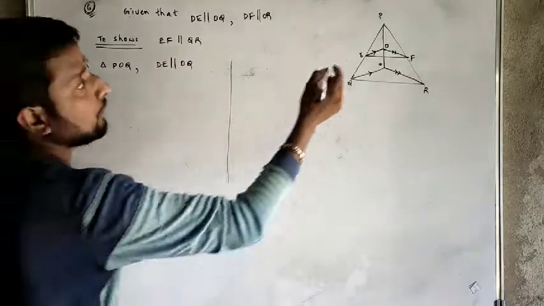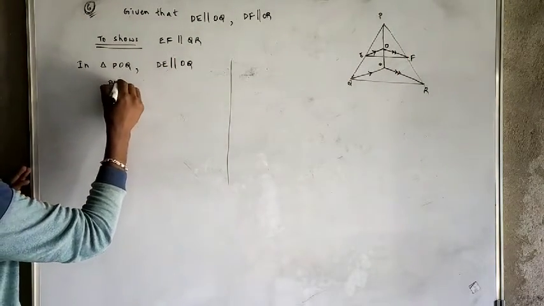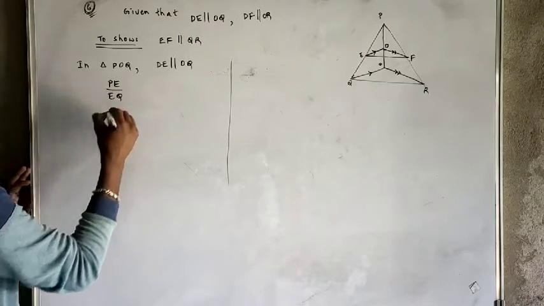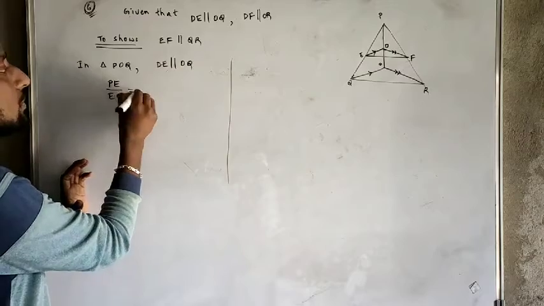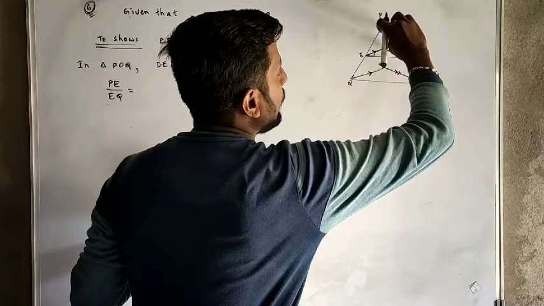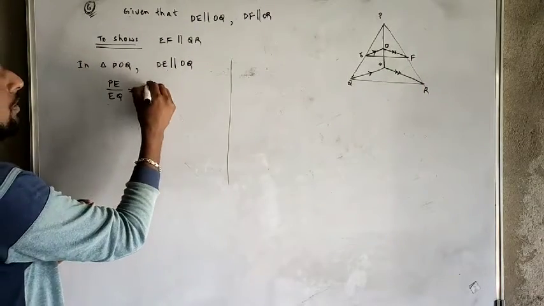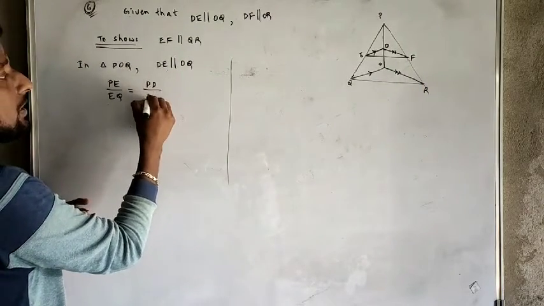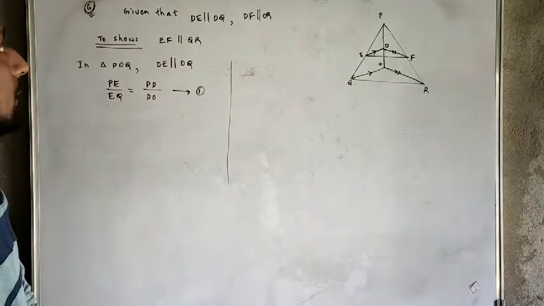So now from this common point I can write PE by EQ, that is equals to PD by DO. Yes, it's our equation 1 by basic proportionality theorem.